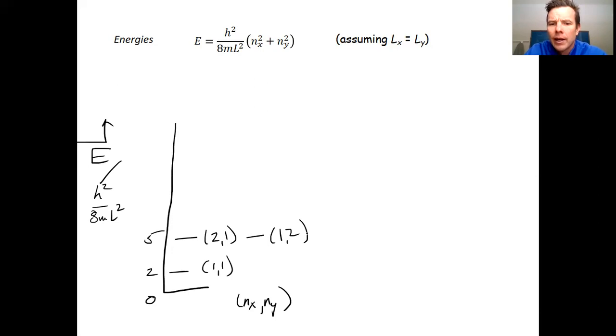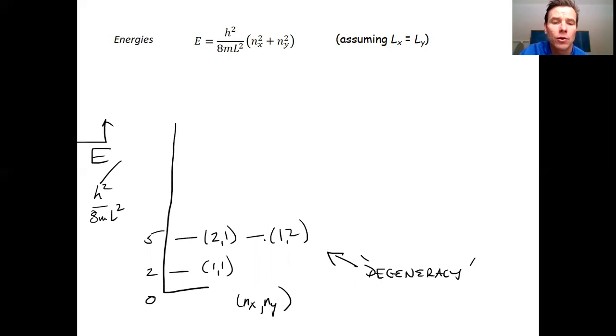And this has a specific name, which I hope you've heard before, which are called degeneracies. So these are degenerate energy states. And one thing you should know is that when you see degenerate energy states, it suggests that the wave functions have a high degree of symmetry, like psi 1, 2 and psi 2, 1.